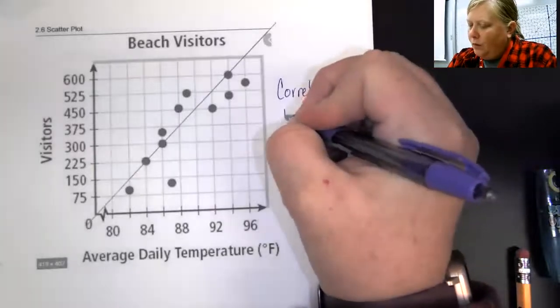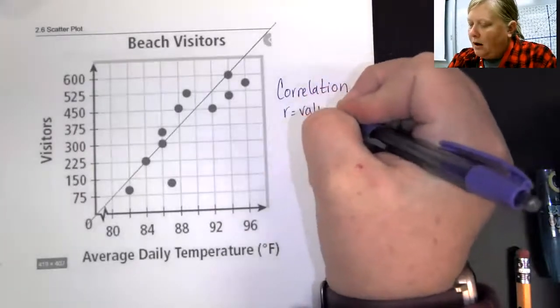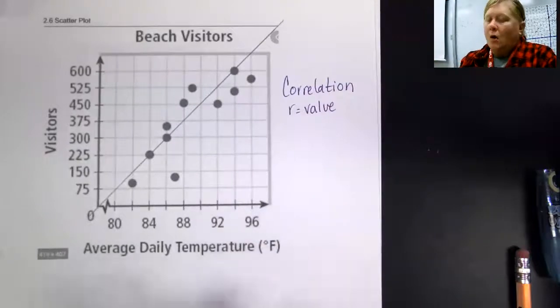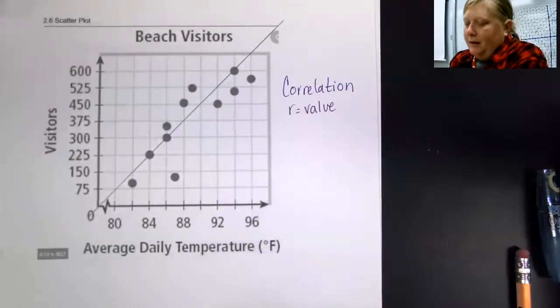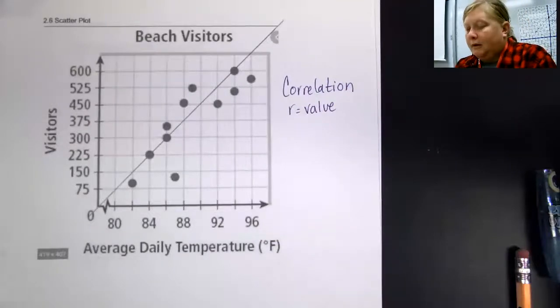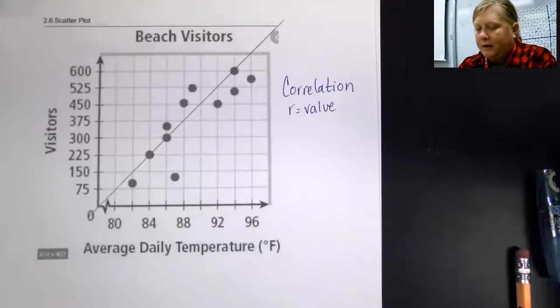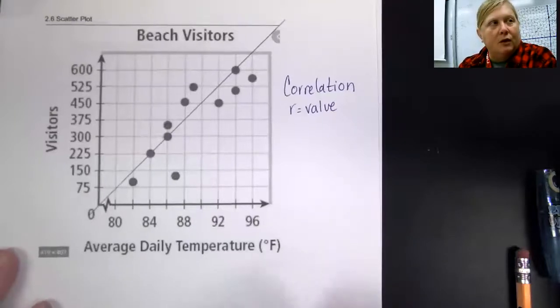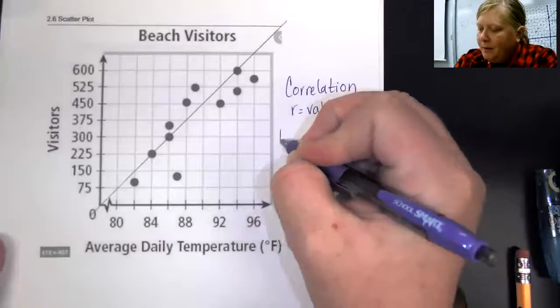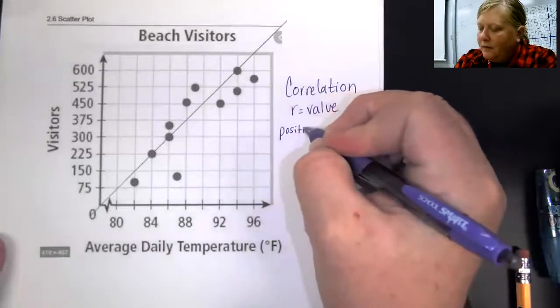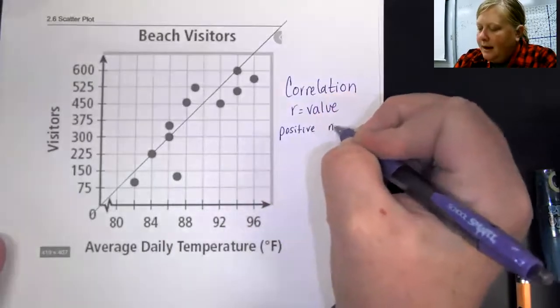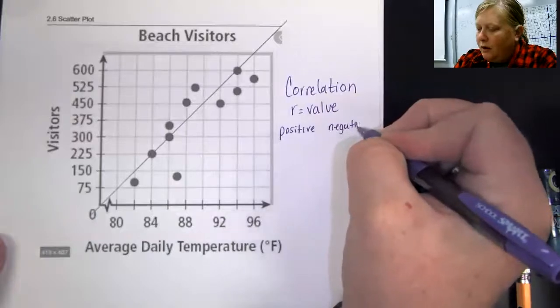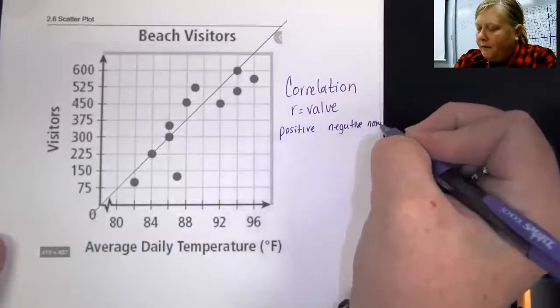We're going to be calculating an R value with our calculators. We can't calculate it right now by hand. But what is the correlation? Is this a positive correlation, a negative correlation, or none?